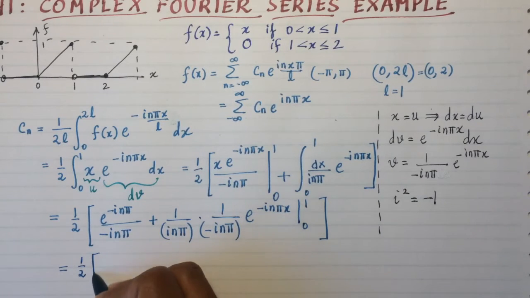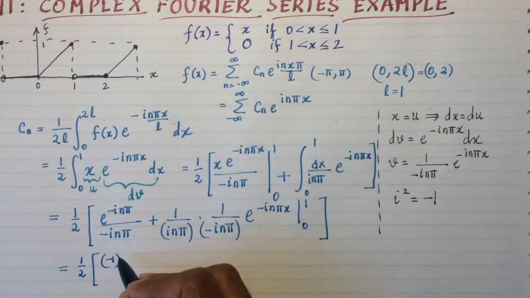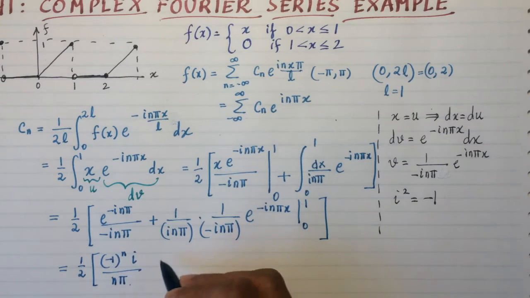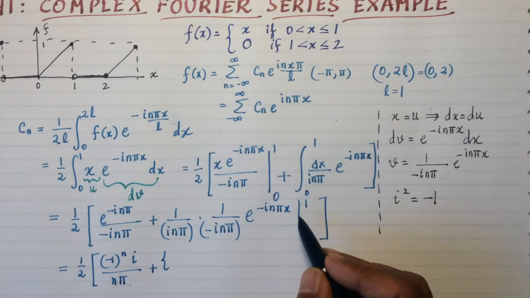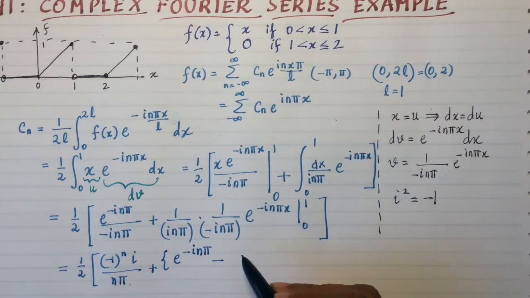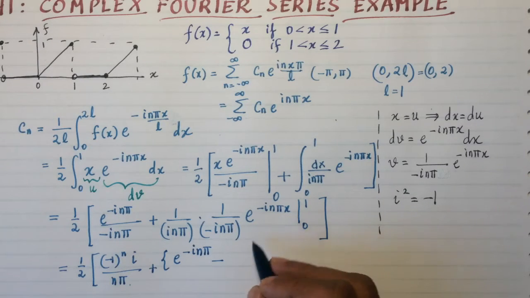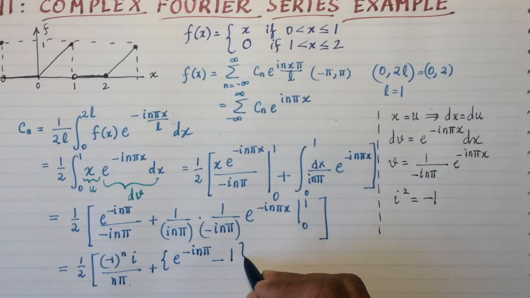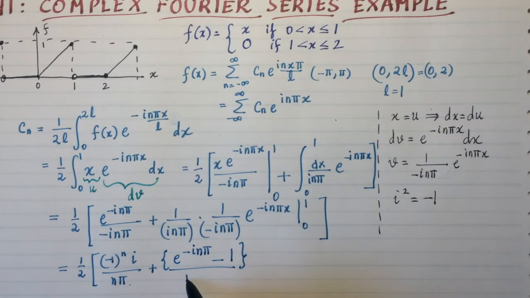That's 1/2 negative 1 to the power n i over n pi plus, let's evaluate this at the upper limit. At the upper limit, I'm going to get e to the minus i n pi. At the lower limit, I'm going to get e to the minus 0, which is 1, divided by n squared pi squared.